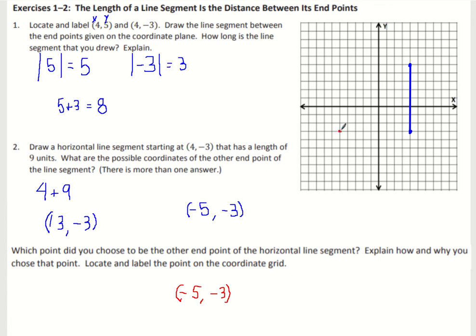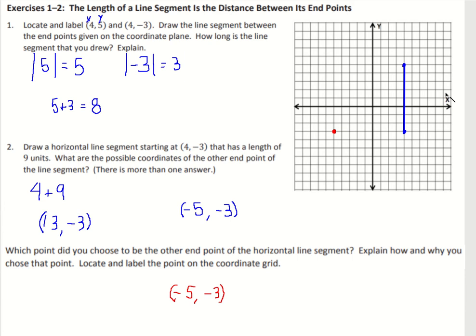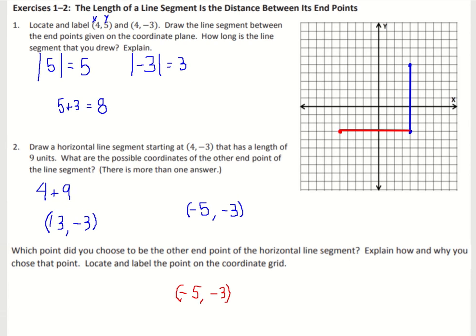So -5, -3 is going to be right here. I'm going to plot it in a different color in order to represent, hey, we got this from a different question. And then I need to draw my line segment between them. The line segment itself is also going to be red. It's going to connect those 2 points that we have right there. And with that, that's exercises 1 and 2 done.